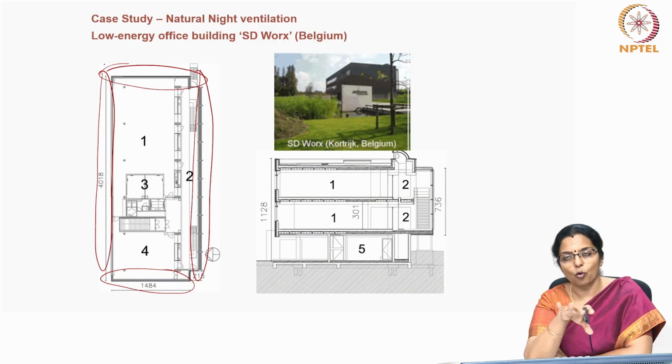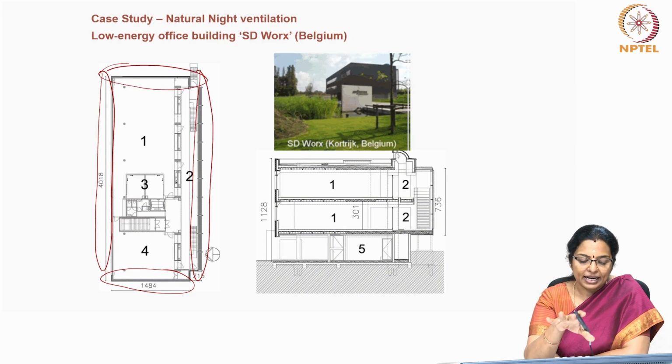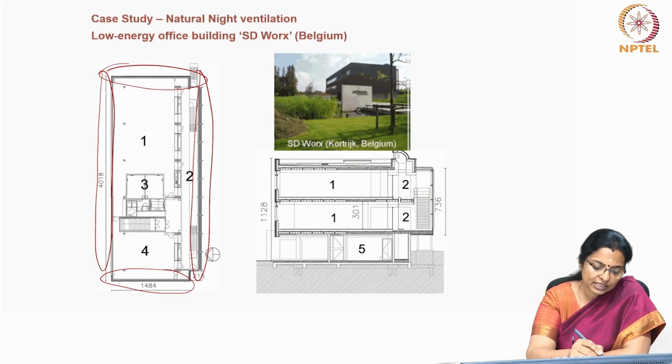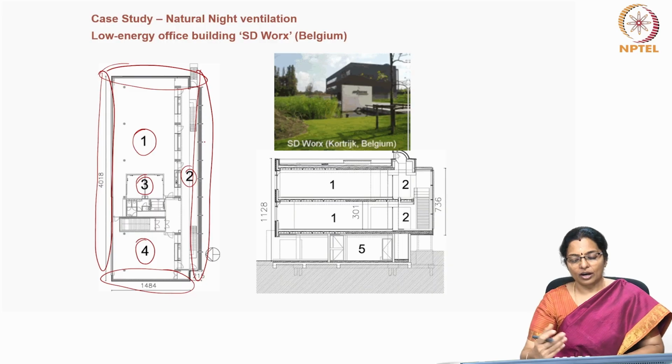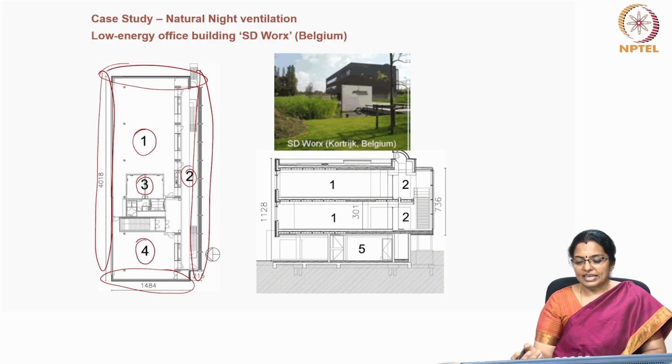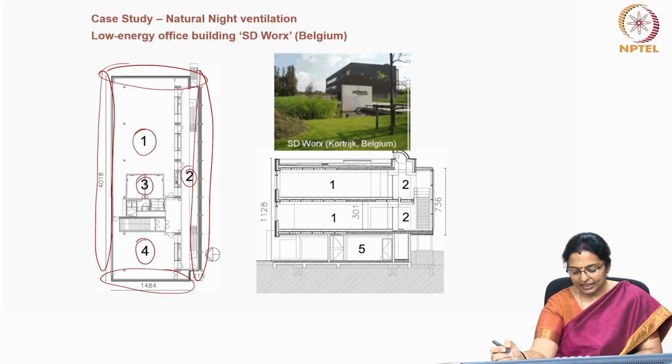So, in terms of orientation, they have played it very safe by having the shorter side along the east and west. The building plan comprises primarily 3 or 4 types of spaces. First, 1 and 4 are office spaces, 3 is the core area and 2 is a long corridor along the west side, and it is a G+2 office building structure.